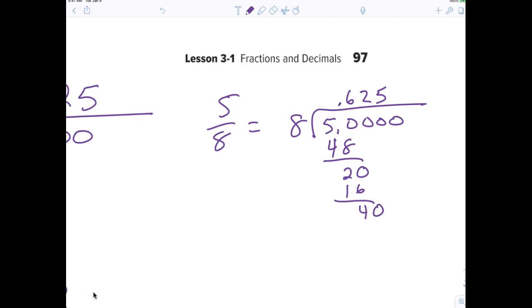I don't want you to do 3 divided by 10. You should just know 3 divided by 10 is 0.3. And if you don't know that, I can explain it better. You want me to explain why 3 divided by 10 is 0.3, or are you good with that? Always tell me that.